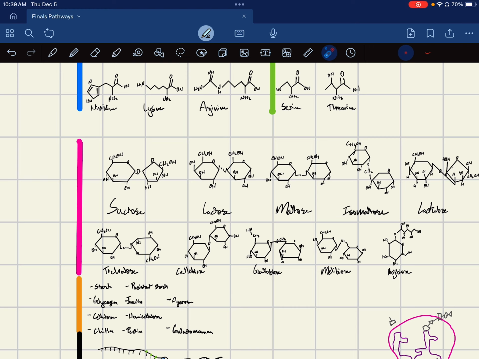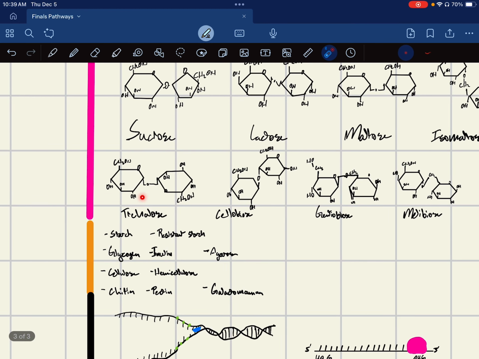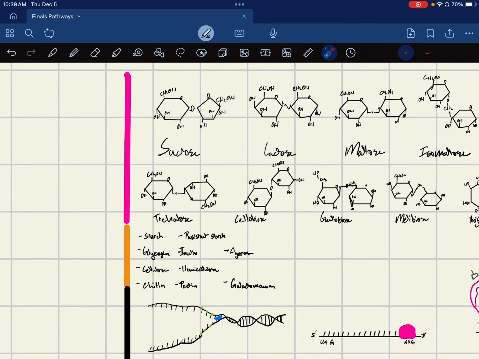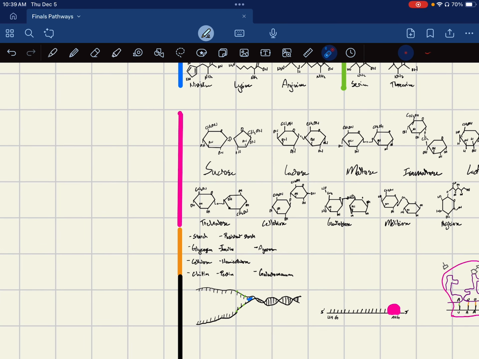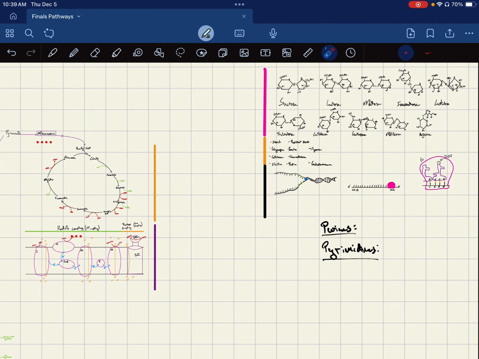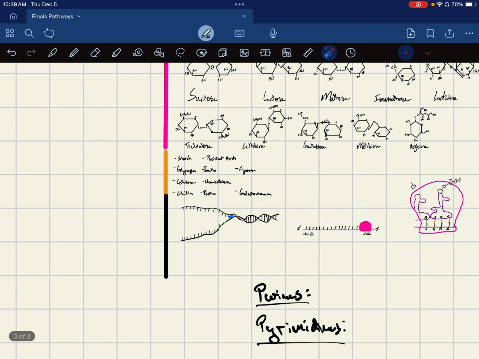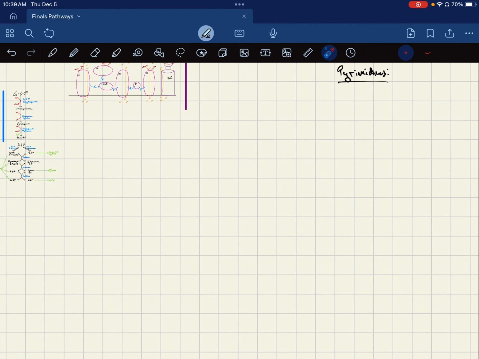And then looking here, we have some disaccharides we talked about, as well as some longer polymers. I did not have enough time to draw these out, but I put the names there. And then just looking at all these amino acids we have up here as well, all the amino acids play a part in this.